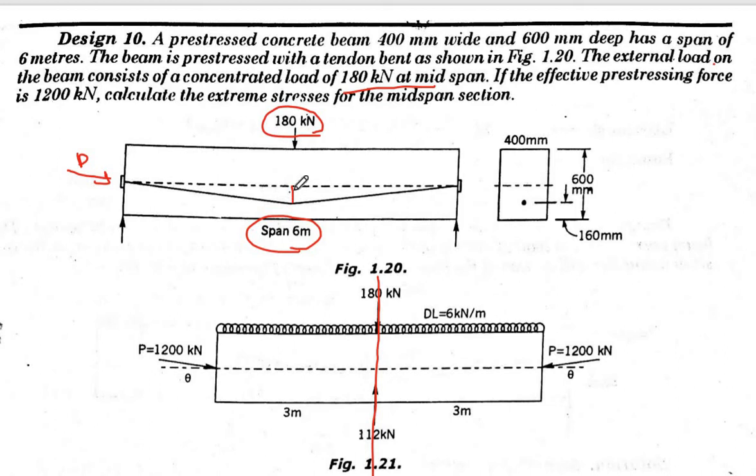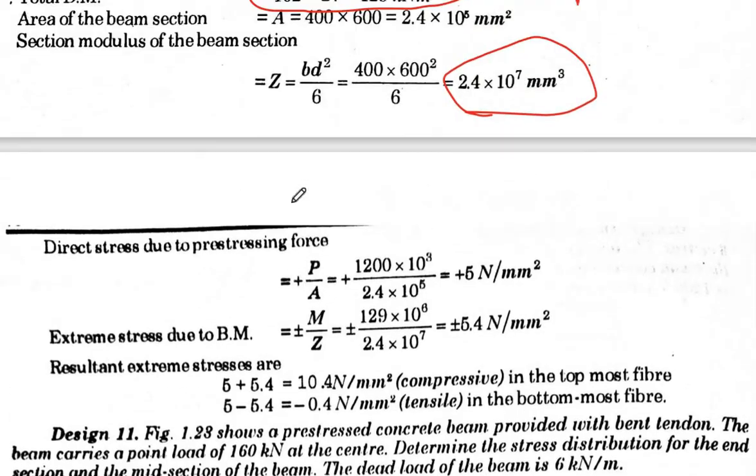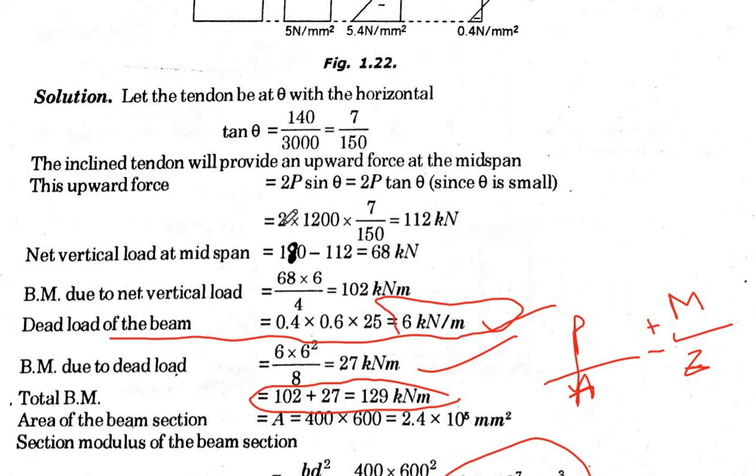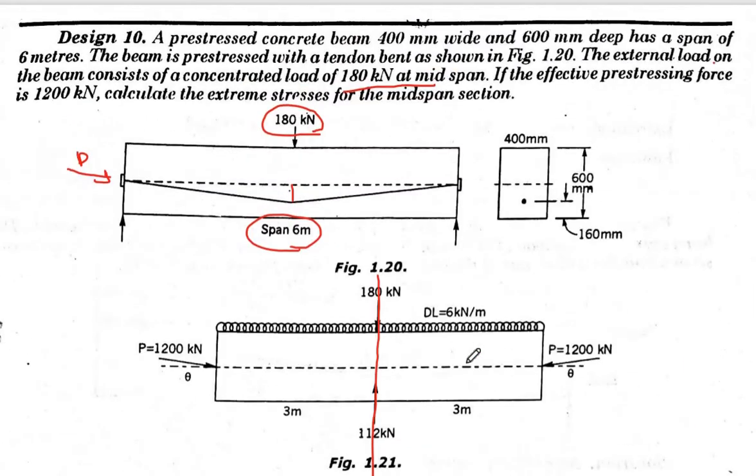This is perpendicular by base. So perpendicular, we know from the eccentricity, how much it is given to us in our question. So that is how much? 7 by 150.